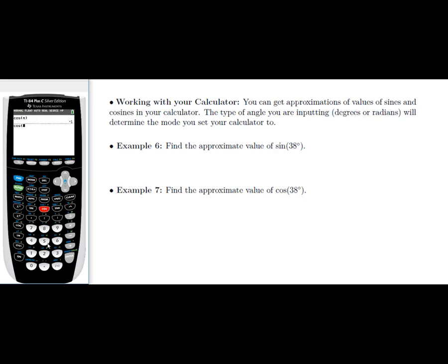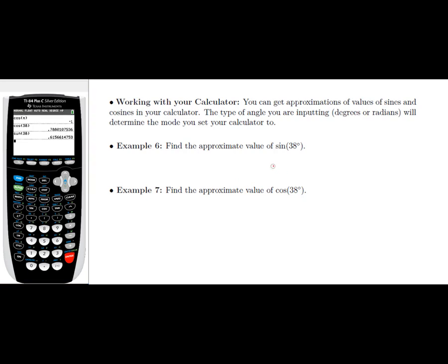And so we'll take the cosine of 38, and that's approximately 0.788. And then I can take the sine of 38, and I get 0.616.